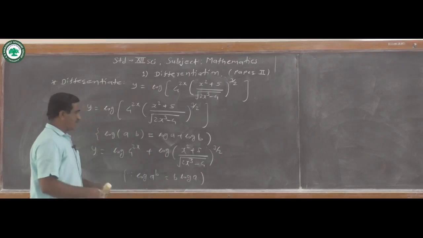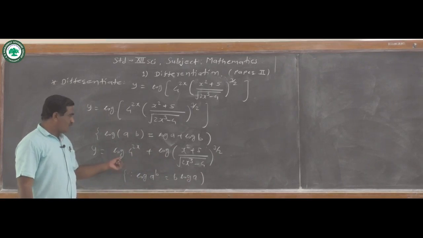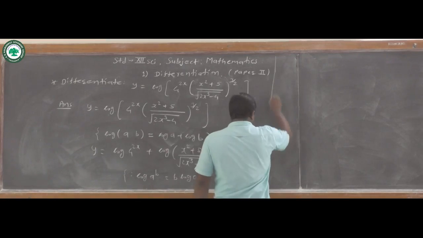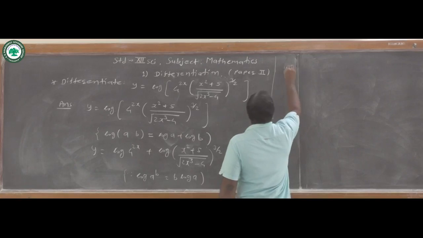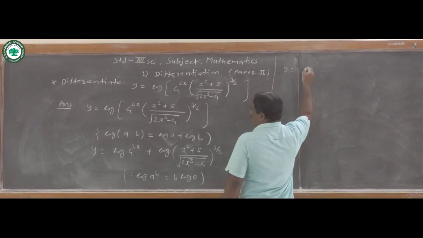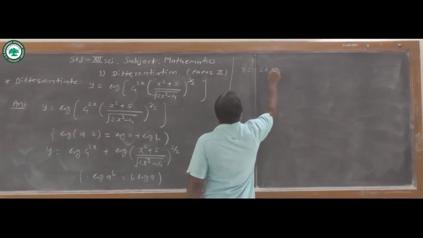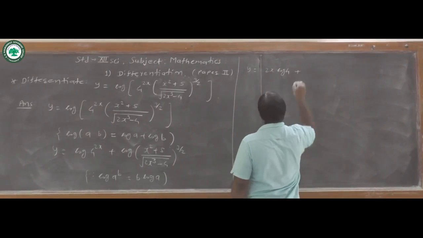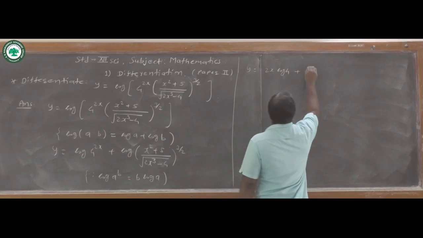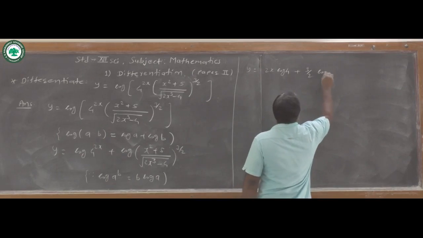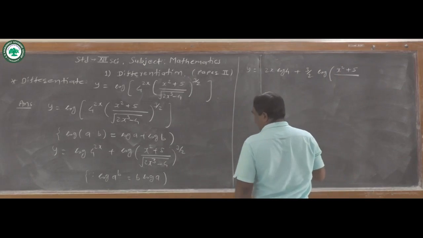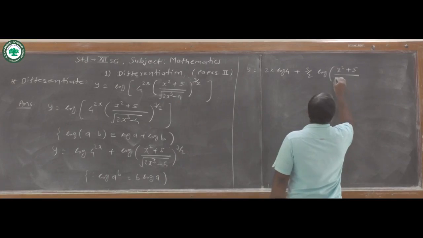Using this rule for first term and second term we can write y is equal to 2x into log 4 plus 3 by 2 into log of, in bracket, x square plus 5 divided by under root 2x cube minus 4.